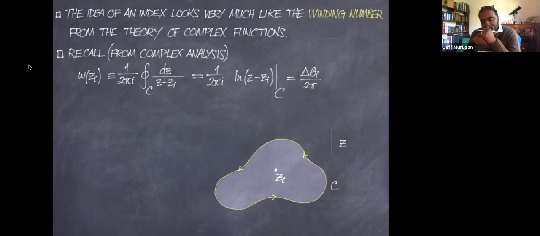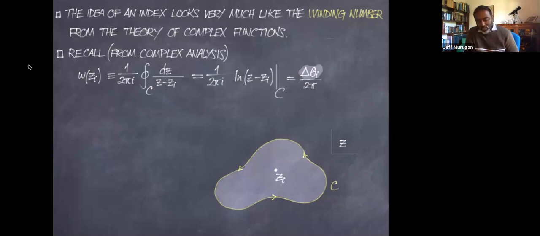Now, you can legitimately object to this, that the logarithm function is multi-valued and so on, and I honestly don't care. Because when I evaluate this over the complex plane, all that matters is this guy, the delta theta i.